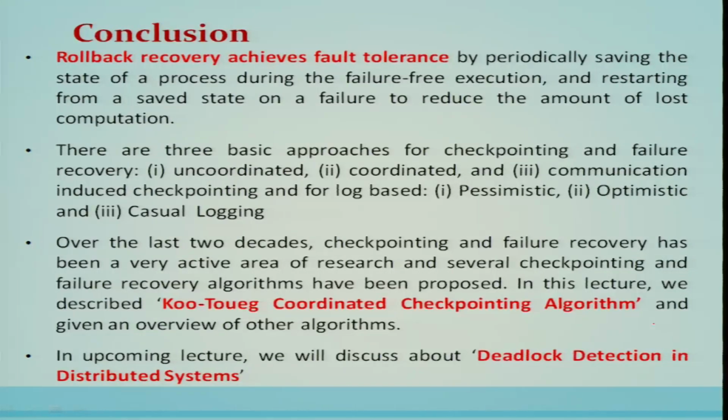And for log-based recovery we have seen pessimistic, optimistic, and causal logging. Over the last 2 decades, checkpointing and failure recovery has been a very active area of research, and several checkpointing and failure recovery algorithms have been proposed for designing distributed applications. In this lecture we have described Koo and Toueg's coordinated checkpointing algorithm and given an overview of other algorithms.